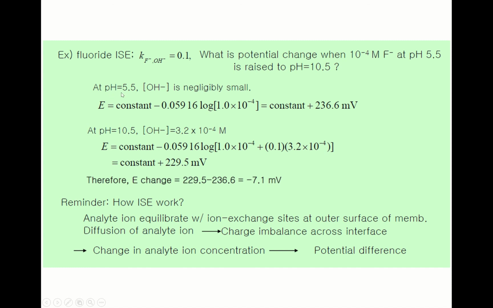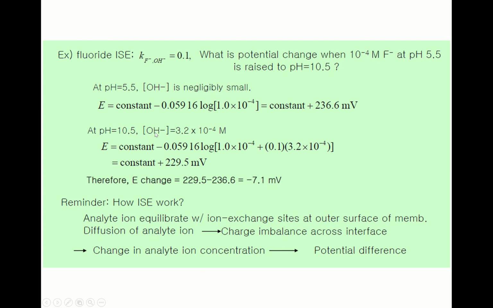Let's consider pH 5.5. At this pH, what is the hydroxide ion concentration? 10 to the minus 14 minus 5.5 is 8.5, so 10 to the minus 8.5. At this pH, hydroxide ion concentration is negligibly small, so we don't need to consider it as an interfering factor here.